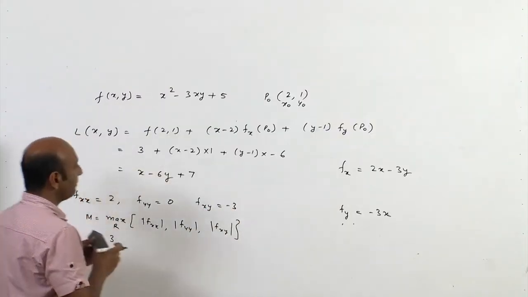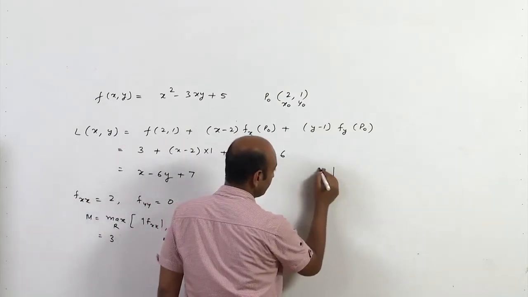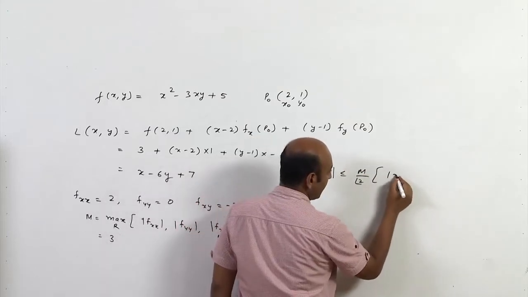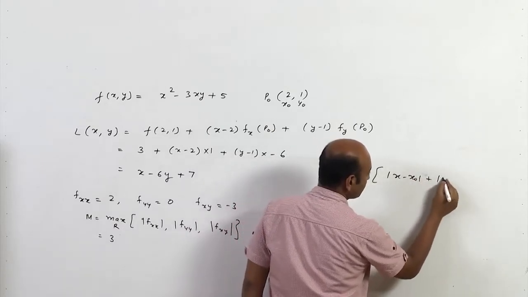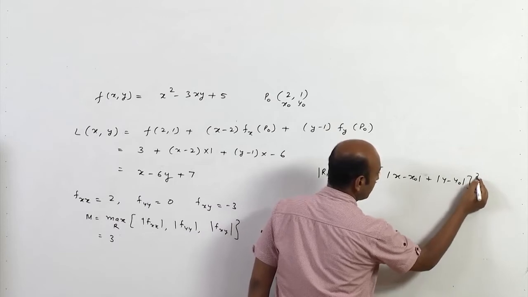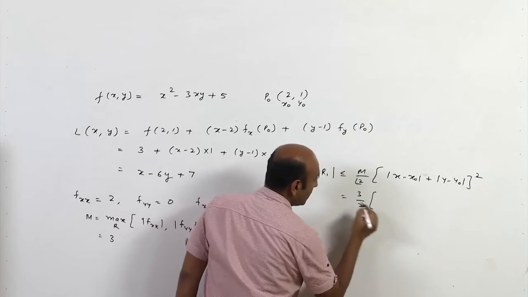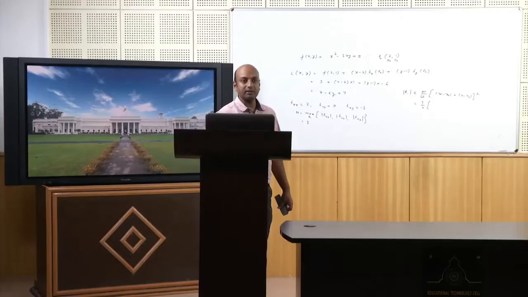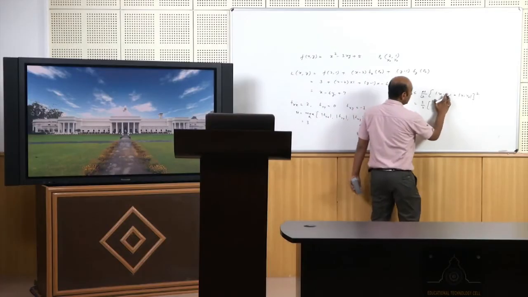And the bound of the error will be given by M by factorial 2, as we have discussed, (|x − x₀| + |y − y₀|) whole square. This M is 3. So, it is 3 by 2. Now, |x − x₀| is less than or equal to 0.1 as given in the problem and |y − 1| is less than or equal to 0.1, both are 0.1, x₀ is 2 and y₀ is 1.